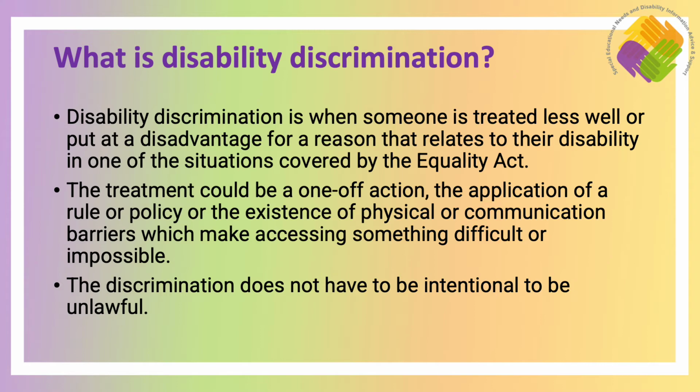So what that means is an organisation, so a school or a workplace, might have a policy that puts disabled people at a disadvantage. It might not have been their intention to do that when setting it out, but if it puts them at a disadvantage, then it could be disability discrimination nonetheless.